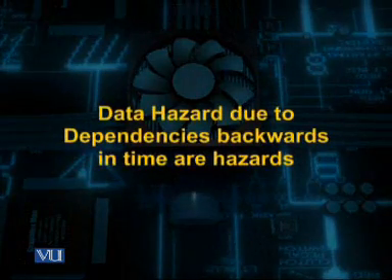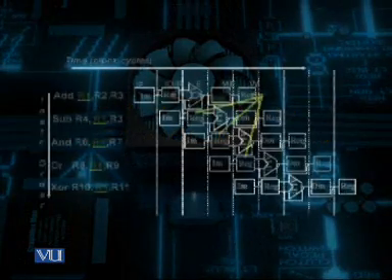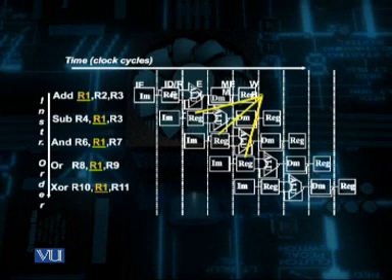As you can see from this graphical representation, the first add instruction will write the result of the execution in the 5th clock cycle in the write register, which is shown here as the write back stage. Whereas the second, third, and fourth instructions, that is subtract and OR instructions, need this data in the 3rd, 4th, and 5th clock cycles.